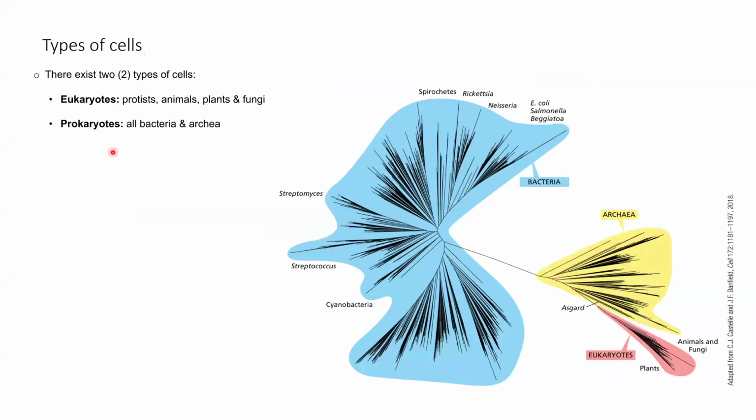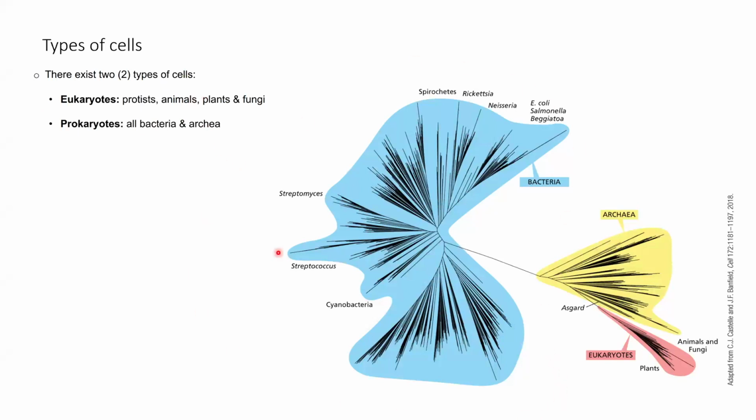These are the types of cells. There are two major ones. Eukaryotes are animals like us, we humans are animals, and you have plants and fungi, as in our cells are eukaryotic cells. And then you have prokaryotes, and that's all bacteria and archaea.